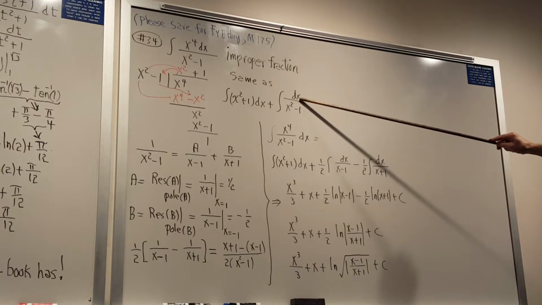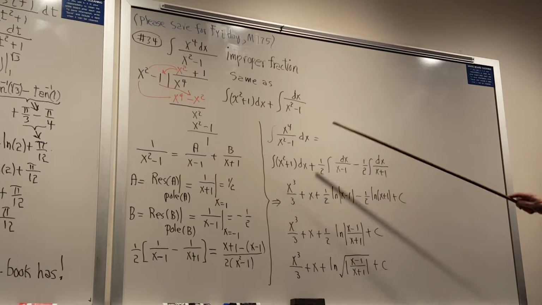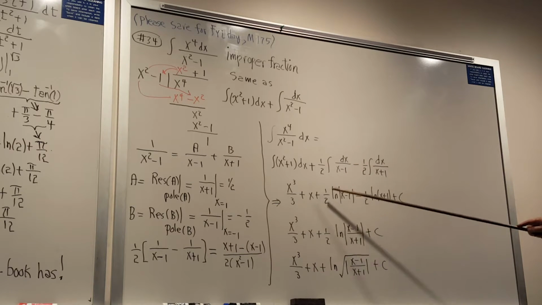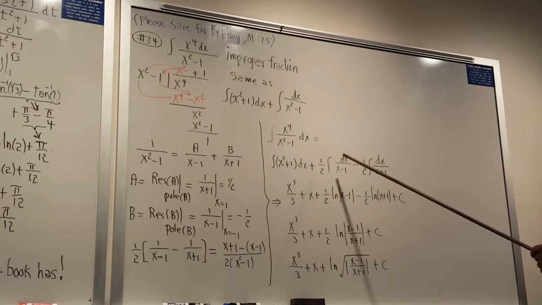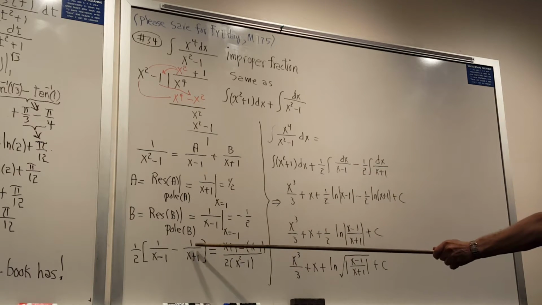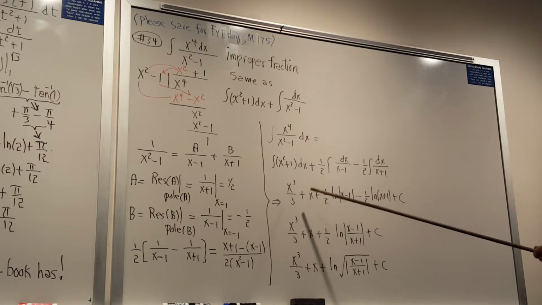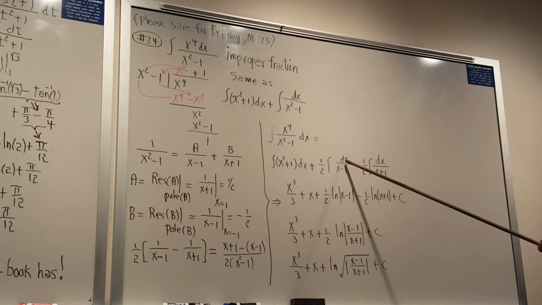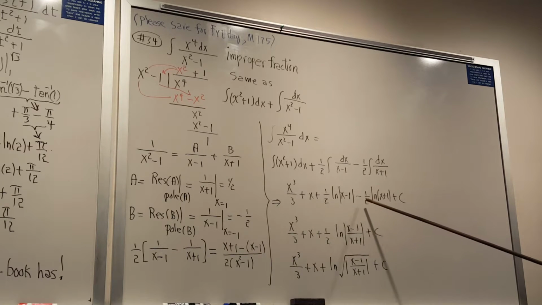So the original problem then is your integral of this part and then half integral dx over x minus 1 for the first partial fraction, minus a half dx over x plus 1 for the second partial fraction. And these integrate pretty directly. Here, these are both logarithms, and you could combine these.